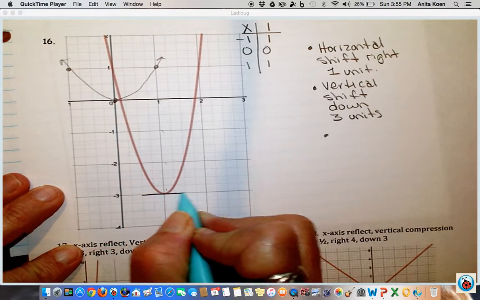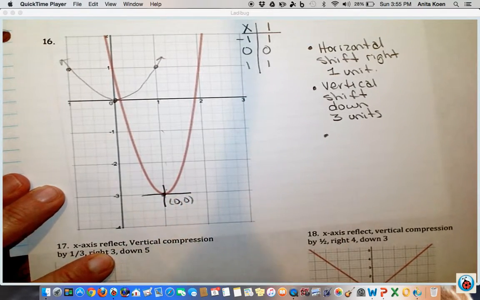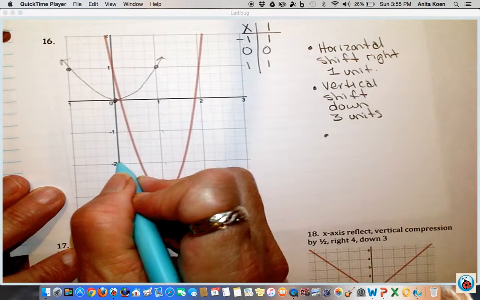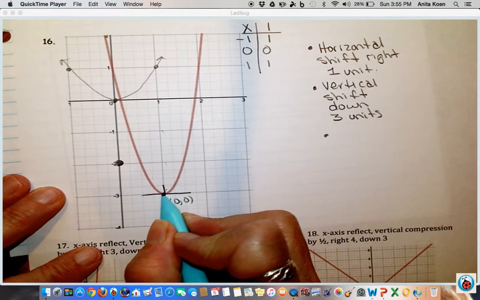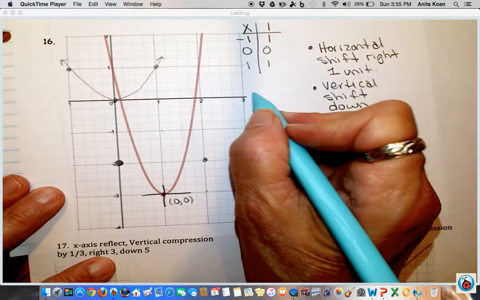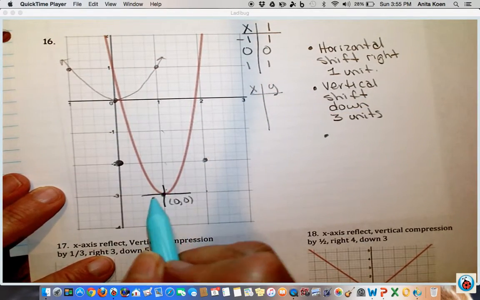Okay? Now I need to check on my stretch and compression. So I'm going to make my pretend origin right here. So this is my new pretend point 0, 0. And then I'm going to check these points. So negative 1, 1, definitely not on the graph. 0, 0 is on the graph. And over to the right 1, up 1, definitely not on the graph. So now I'm going to find out what points are on this graph.